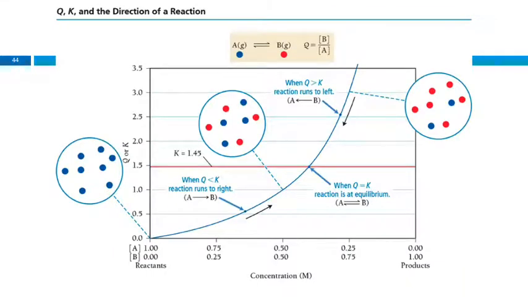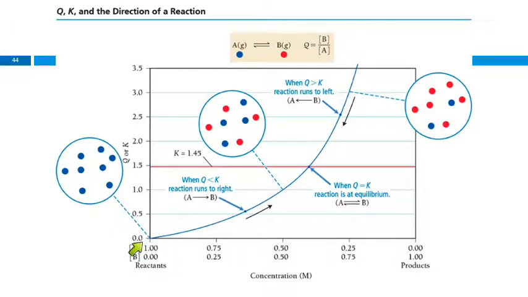So here we have a reaction where blue circles are turning into red circles, right? Down here, we're starting with 1 molar blue circles, those are A, and none of the B. So we have all reactants and no products.